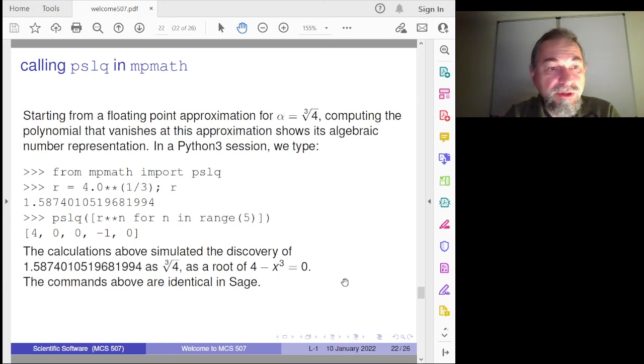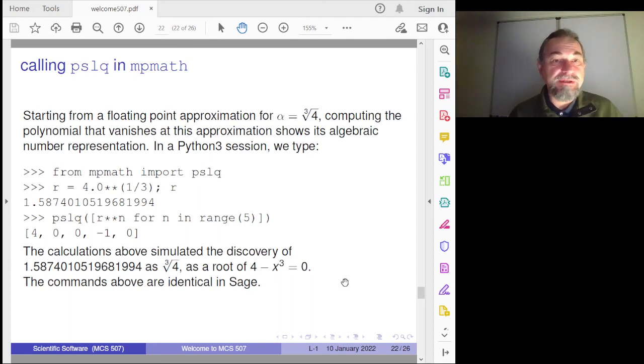And then we can recover with the PSLQ algorithm, giving it the sequence of powers, and it will discover the integer coefficients of the polynomial for which the given approximation is a root.